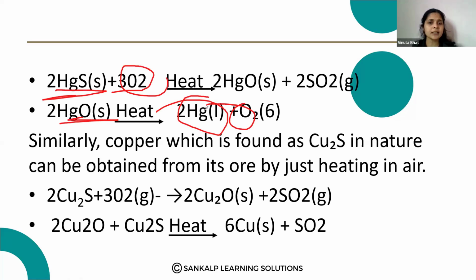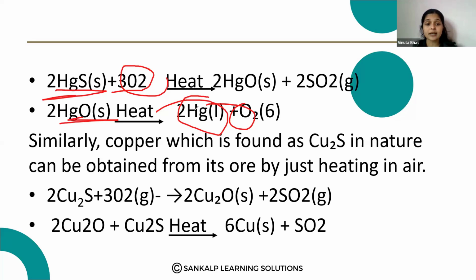Similarly, copper, which is found as copper sulfide in nature, can be obtained from its ore by just heating in air. Please note down and practice these reactions also. These reactions are very important. When copper sulfide is heated with oxygen, it forms copper oxide and sulfur dioxide.